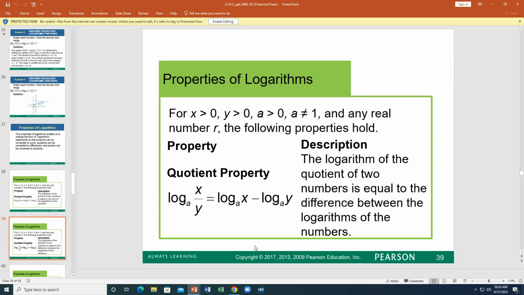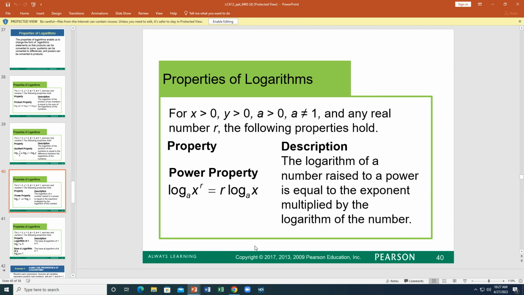So the logarithm of the quotient of two numbers is equal to the difference between the logarithms of the numbers. Good? The next one is the power property. The logarithm of a number raised to a power is equal to the exponent multiplied by the logarithm of the number.